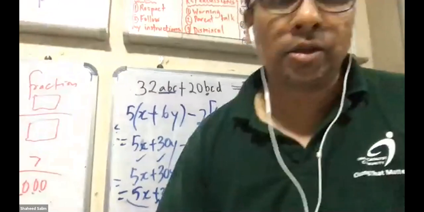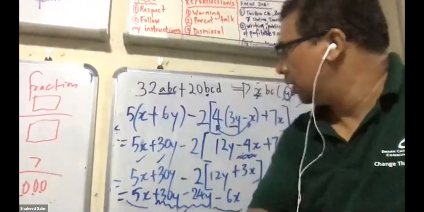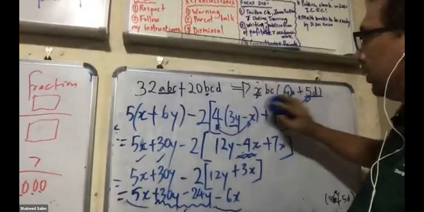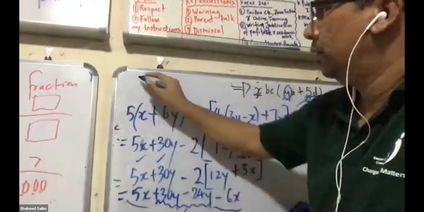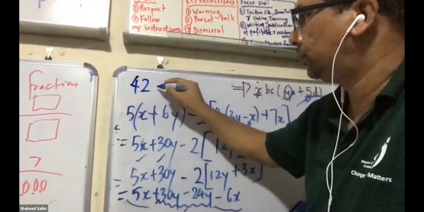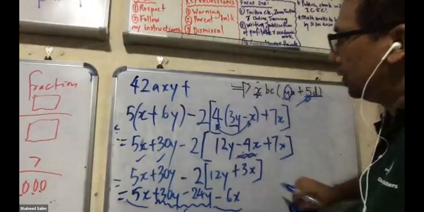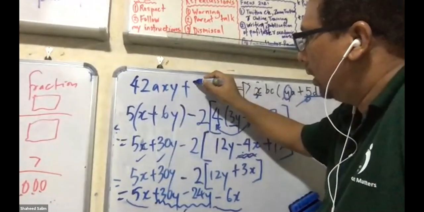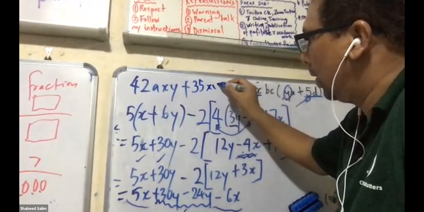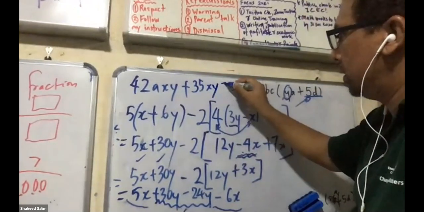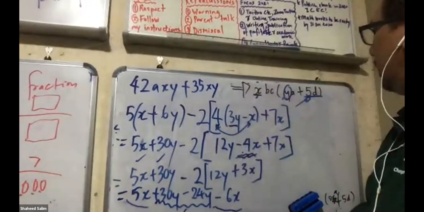Okay, what is your answer for the... Oh, I'm supposed to give you... I got carried away. Okay. I give you now another question like this. 42aXY plus 35XYZ. Or XY.